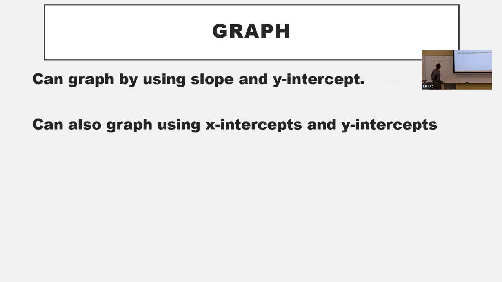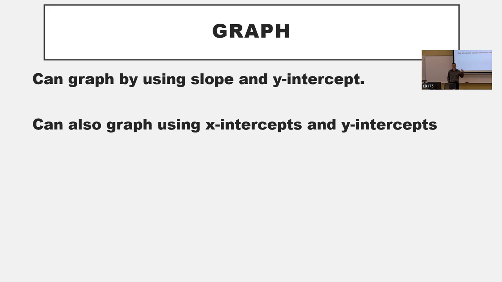All right, now before we start finding equations of lines, the last type of graphing that I want to do is graphing using the x and y intercepts. So graph using the x and y intercept. By the way, a straight line is only going to have one x-intercept and one y-intercept.